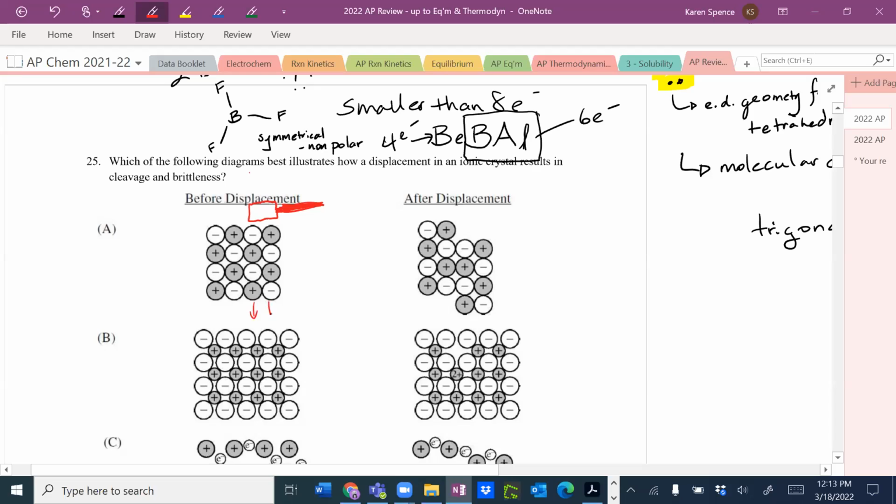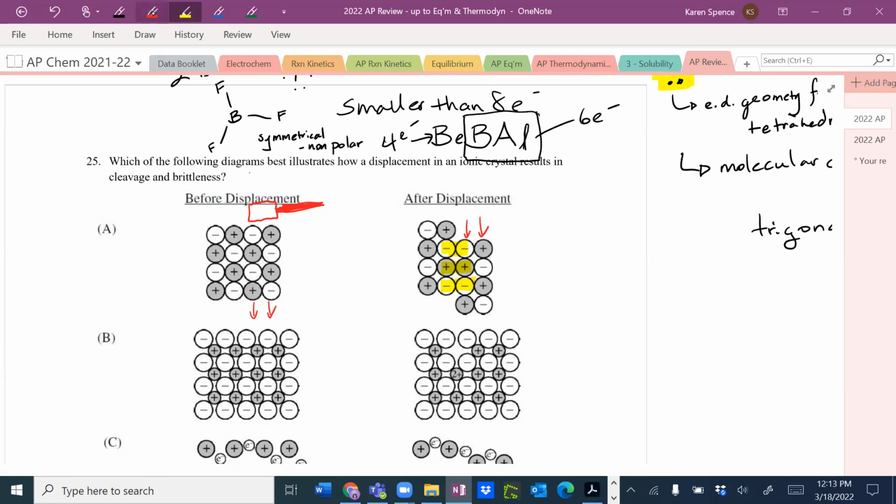Yes? And if we shift down like this, what we all of a sudden have is we have negative lined up with negative. Do you see how everybody moved down one? And positive lined up with positive and negative lined up with negative. What do negatives and positives do?